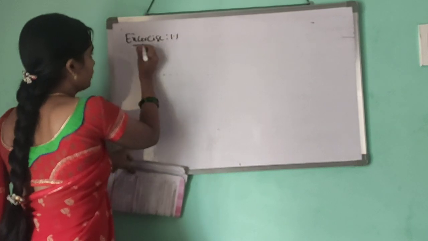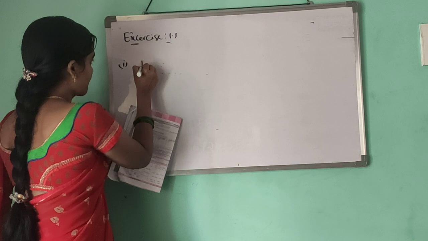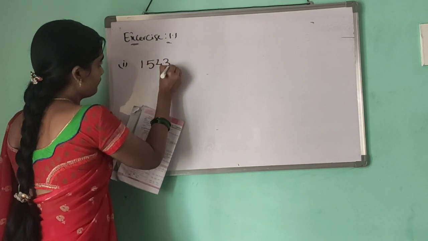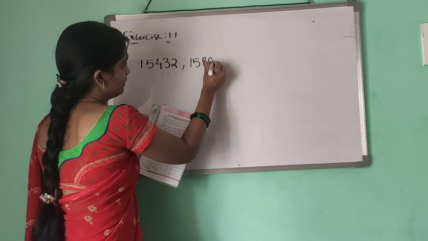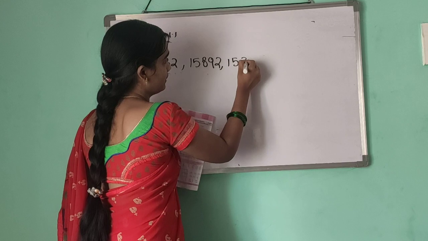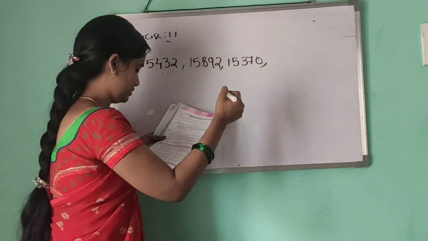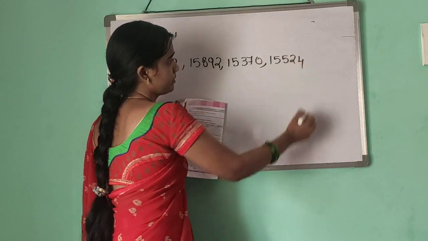Exercise 1.1. The first one: 15432, 15892, 15370, 15524.